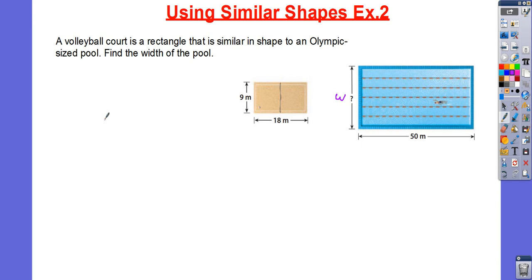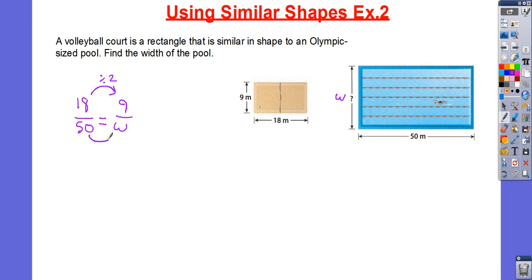Okay? So now, I know that 18 corresponds with 50. 18 corresponds with 50. So their ratio has to be equal to 9 and its corresponding side. I know for sure to get from 18 to 9, I'm going to have to divide by 2.